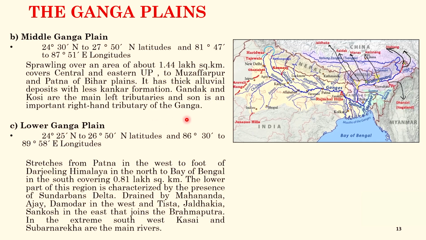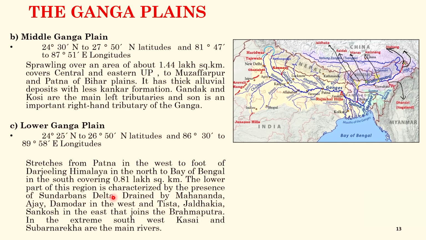The next part of the Ganga plain, the lower Ganga plain, 24 degree 25 minute to 26 degree 50 minute north latitudes and 86 degree 30 minute to 89 degree 58 minute east longitude, is the extension of the lower Ganga plain. It stretches from Patna in the west to the foot of the Darjeeling Himalaya in the north to the Bay of Bengal in the south, covering 0.81 lakh square kilometers.